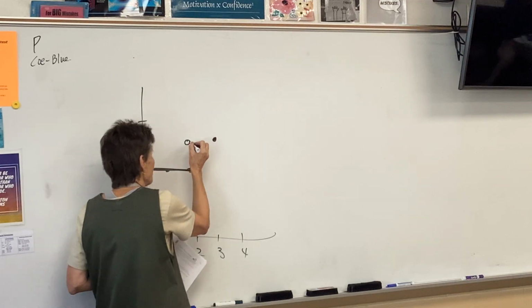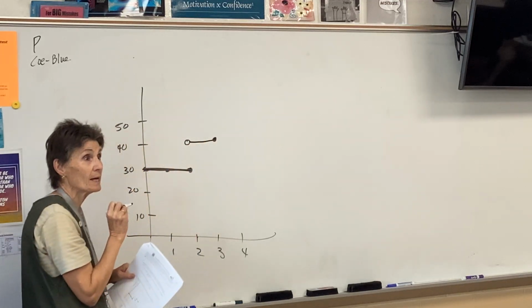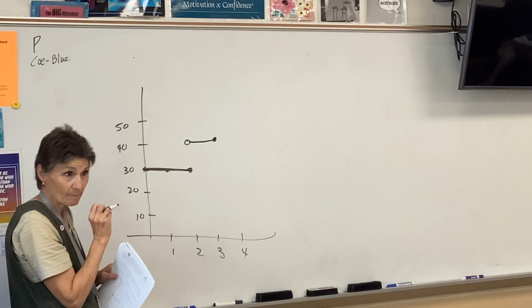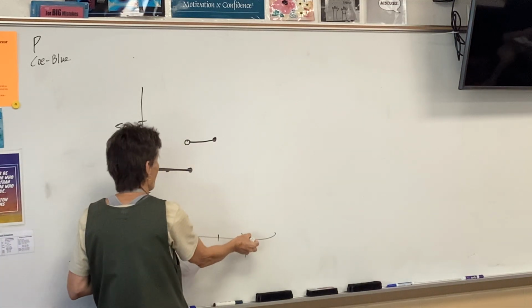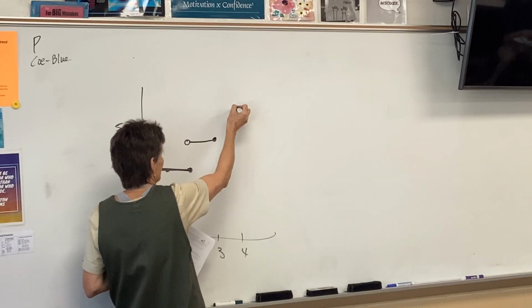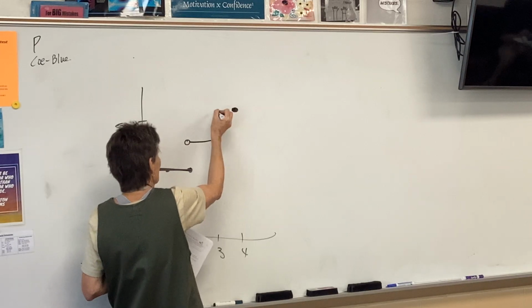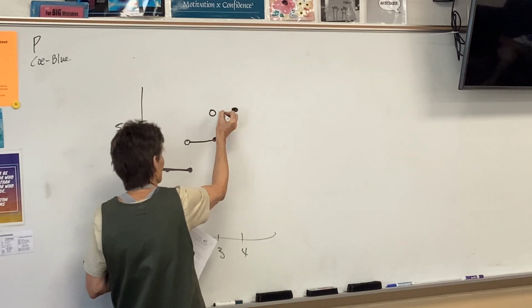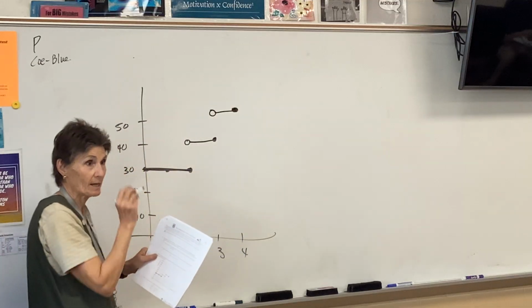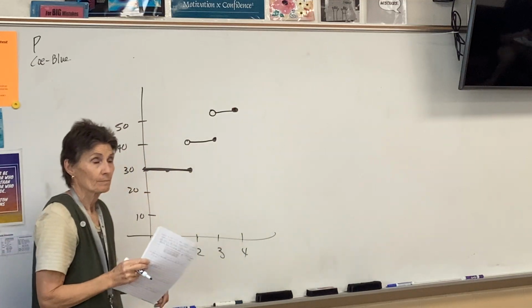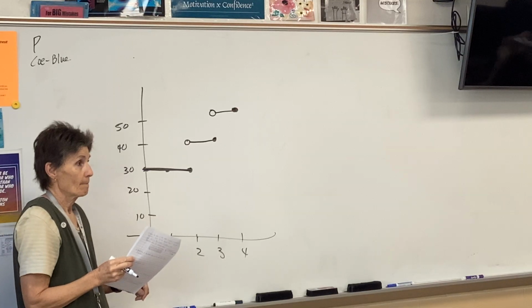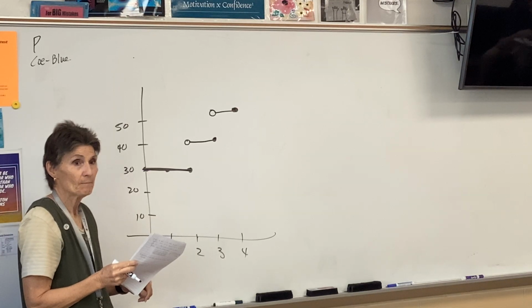But anything bigger than 2, I pay 40. And then how about 4? 4 costs me 50. In fact, anything more than 3 is going to cost me 50, right? Up to 4, and so on. Would you agree with that?